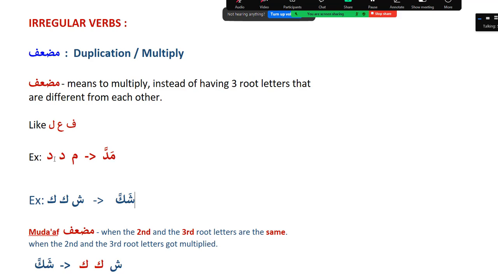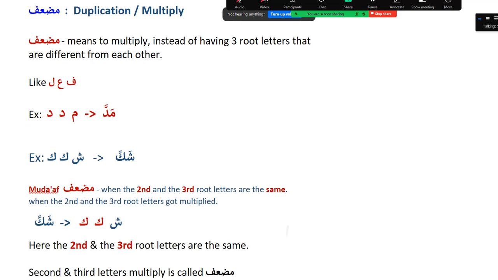Mim, dal, and dal. And in shakka, what are the root letters? Sheen, kaf, and kaf. So muda'af is when the second and the third root letters are the same, like madda. Mim is the first letter, fa letter, and dal, the ain and the lam letters, are the same. So when the second and the third root letters got multiplied, that is called muda'af.